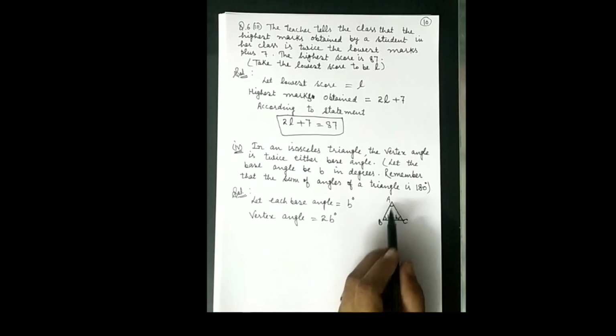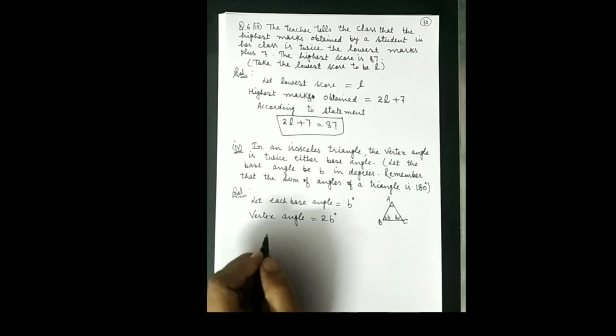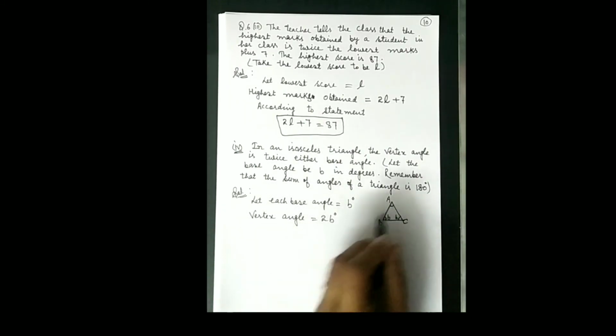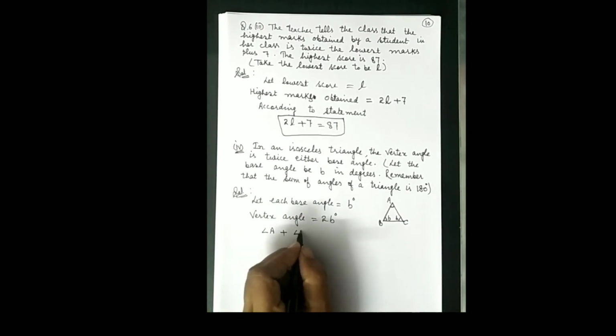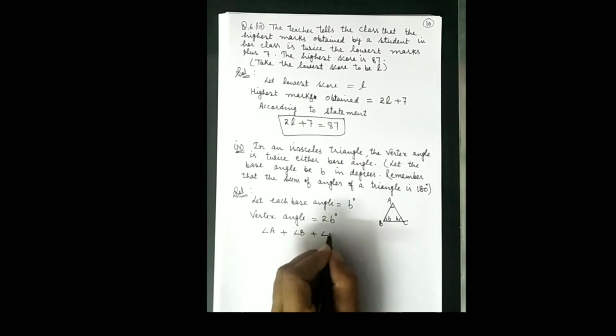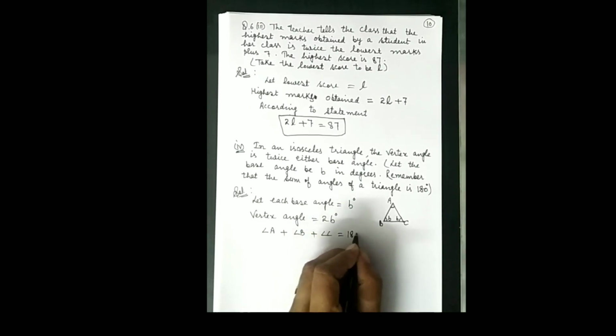Now we know that the sum of the angles of any triangle is 180 degree. So write all the angles. Vertex angle, that means angle A plus base angle B plus other base angle C, their sum is 180 degree.